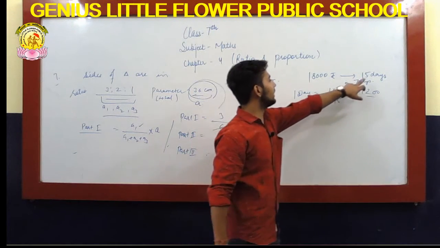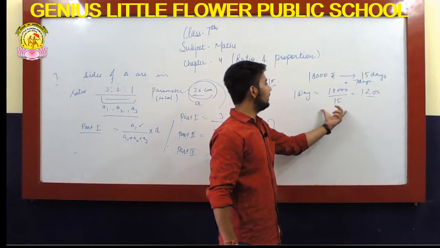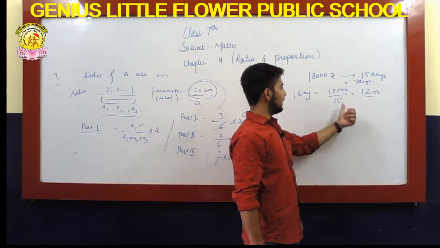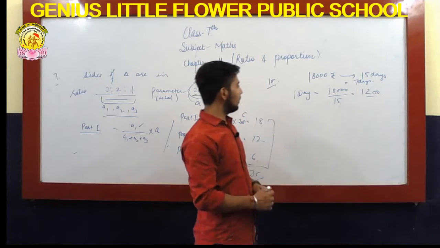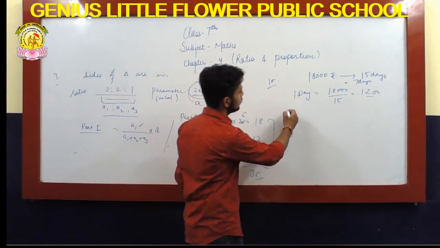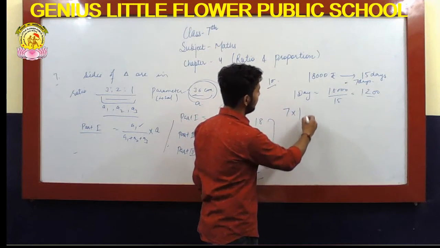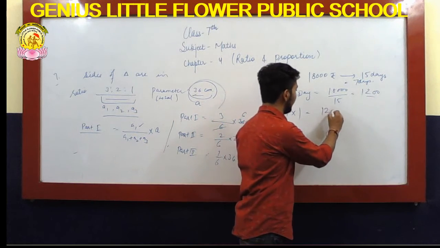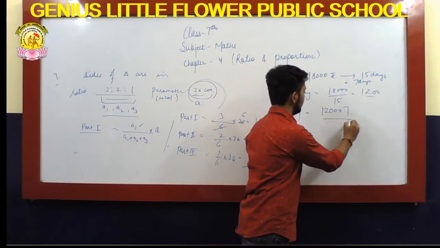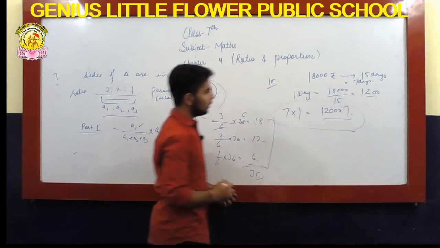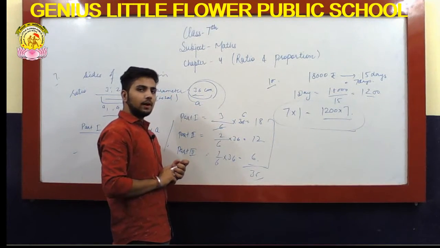For 1 day we divide by 15, and we will get 1200. We want it for 7 days, so multiplying both sides by 7, 7 into 1 gives 1200 into 7. Just solve this and you will get your answer. Similarly you can solve the second part also.